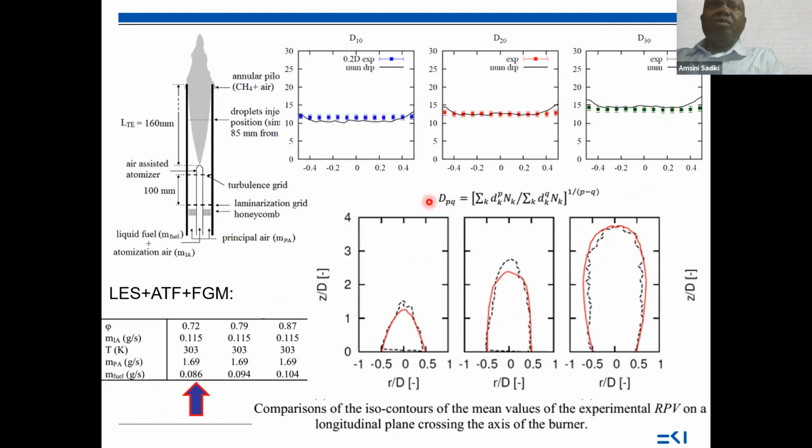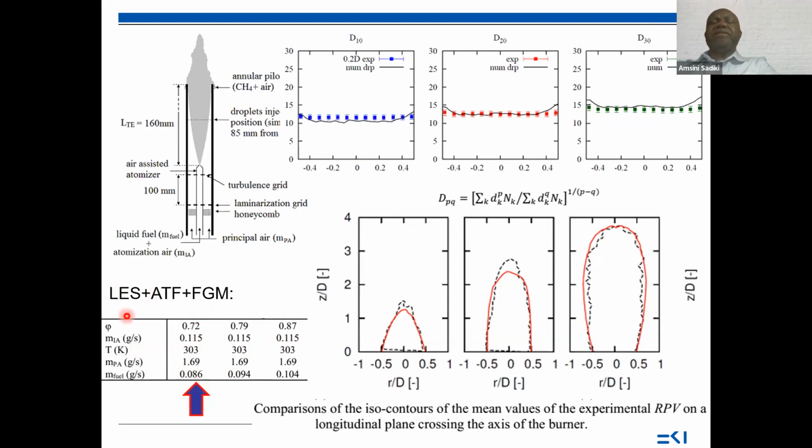But the experiment was carried out using different air to fuel ratios, different equivalence ratios, that is 0.72, 0.79, 0.87, with these different operating conditions. And what I produce here is the result with this equivalence ratio.